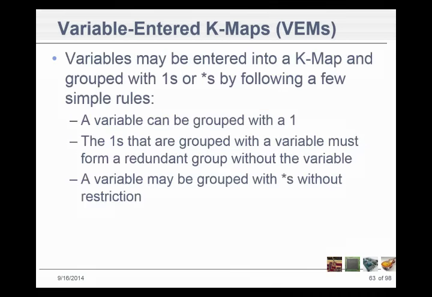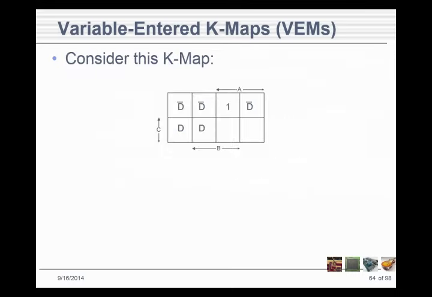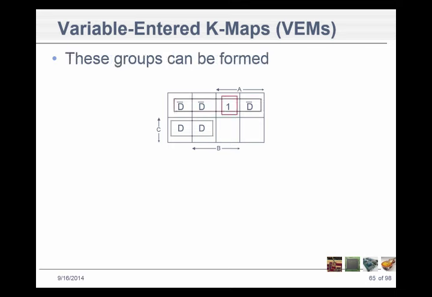Now, this is where most people mess up: the ones that are grouped with a variable must also form a redundant group without the variable. And so that 1, unfortunately, has no other ones to group it with. So we have to make one group of that 1. So here's what we would have. Okay.